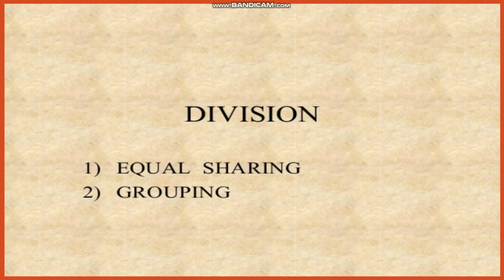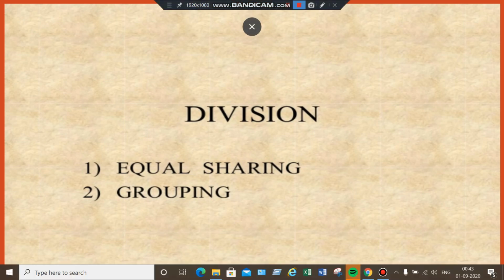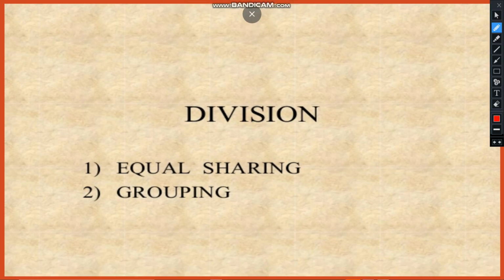Now division word problems, जो division की word problems हैं, they are of two types. या तो equal sharing की होती है या grouping की. Now let us see what is equal sharing and grouping.